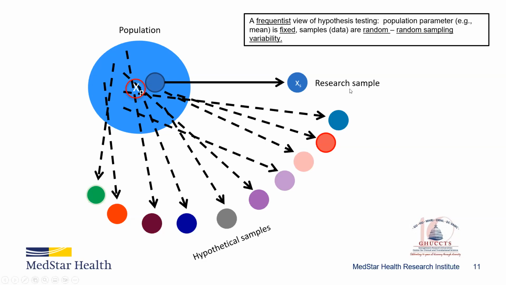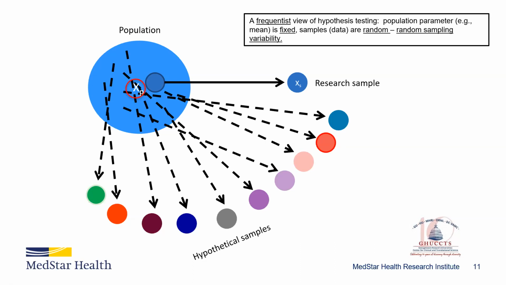But theoretically, we could draw many hypothetical samples from our population. This is the idea behind random sampling. Let's say we want to estimate the mean of our population from our research sample.